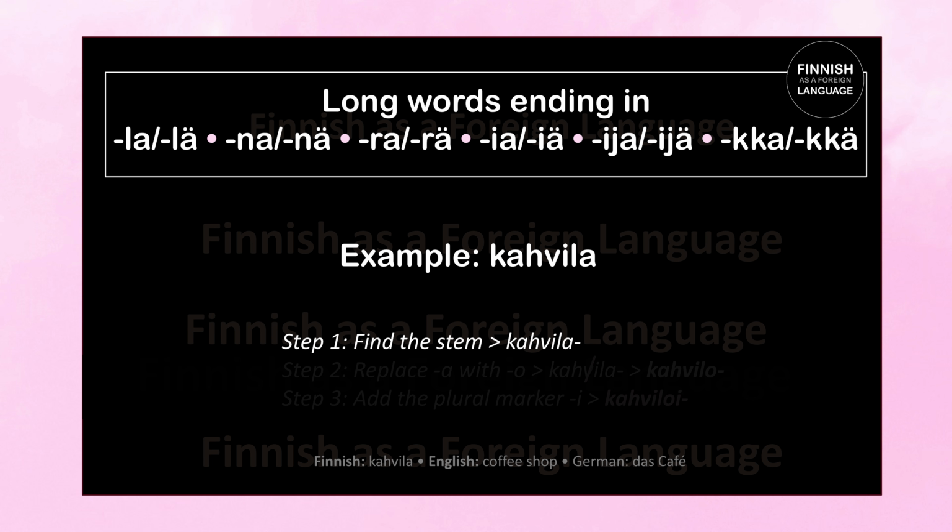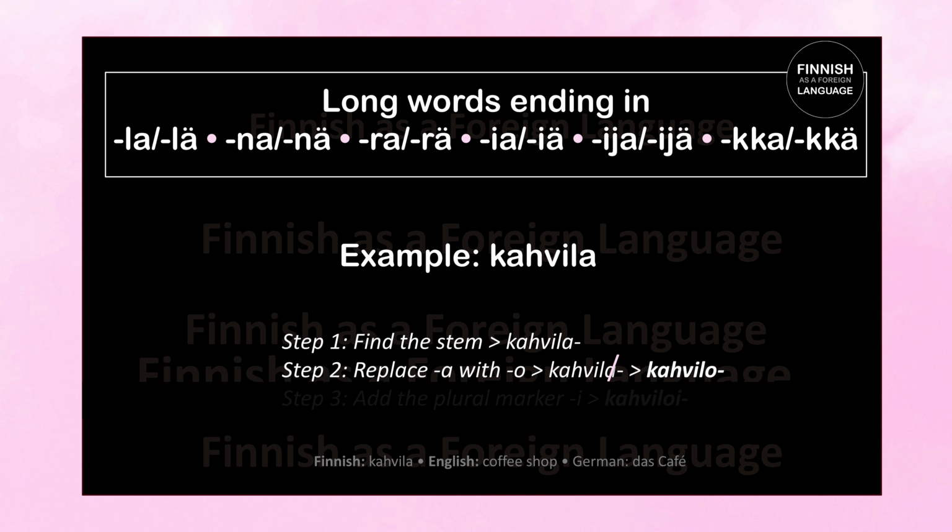So in the first step, again, we have to find the stem, which is kahvila. Then in the second step, we have to replace a with an o, so that means kahvila changes to kahvilo. And then in the third step, we add the plural marker i to it, so that means kahvilo plus i is kahviloi.